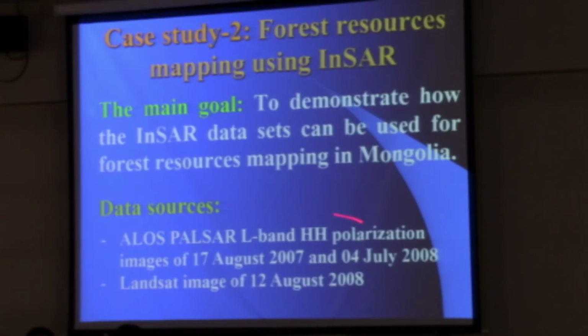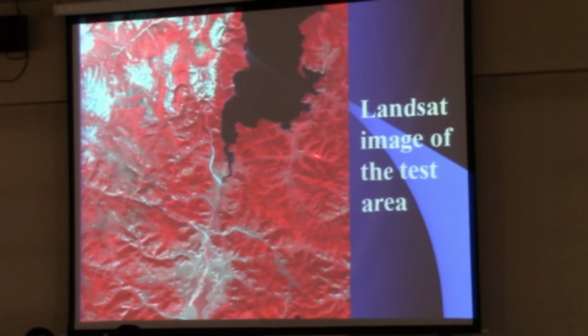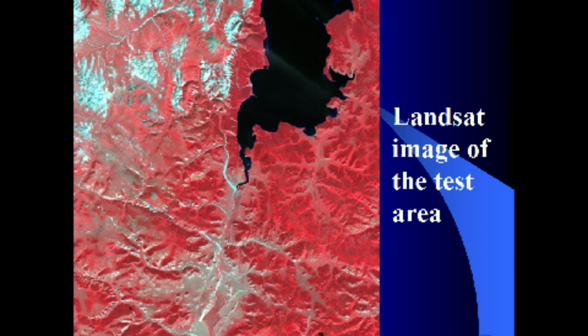And we combined these InSAR datasets with an optical satellite image acquired from Landsat. This is the test area. This is the famous Khuvsgul Lake located in the northern part of the Mongolian territory. And here you can see different land cover types such as deciduous forest, coniferous forest, light soil, dark soil, and the Khuvsgul Lake itself.